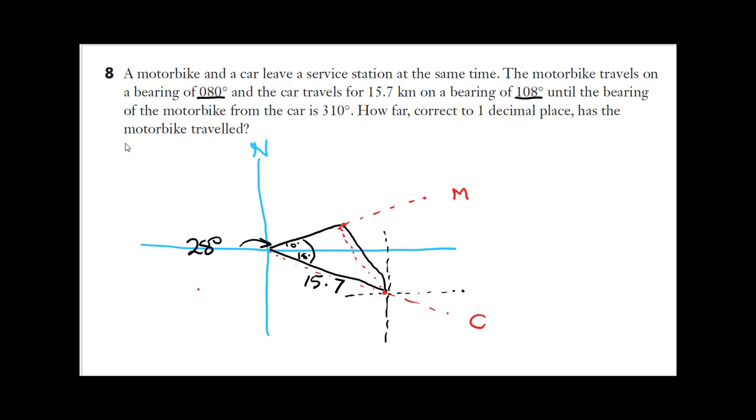If I draw a north, south, east, west grid here where the car is, we know that this angle between there and there, because of the 310, is going to be 50 degrees. Which means that this whole angle here would be 40 degrees, because that's a 90 degree angle.